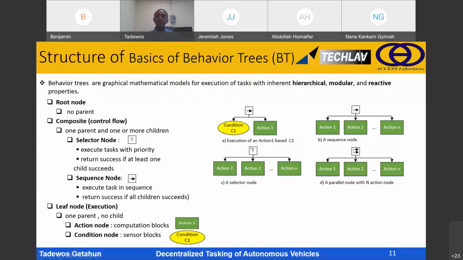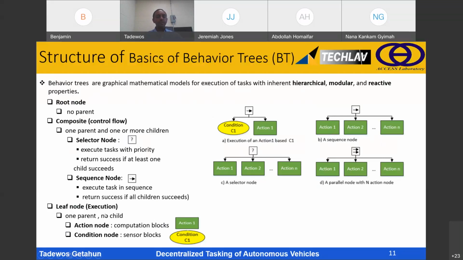For sequence nodes, as the name implies, all actions have to be performed in sequence: action 1, action 2, and action 3. And we have the parallel node, which gives us the possibility to execute more than one action at a time. So instead of one, we can execute two actions at a time. This is for composite nodes.